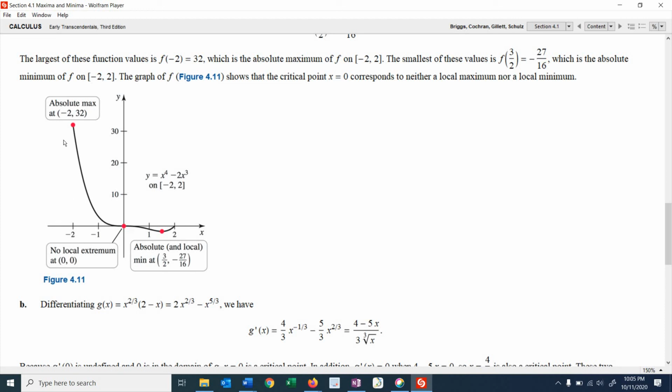And I think you can see that the maximum is 32, and that occurs at this left endpoint when x is -2. And then the absolute minimum is right here, which is at -27 over 16, and that happens to occur when x is 3/2. And by the way, that's a critical point, whereas this is an endpoint.